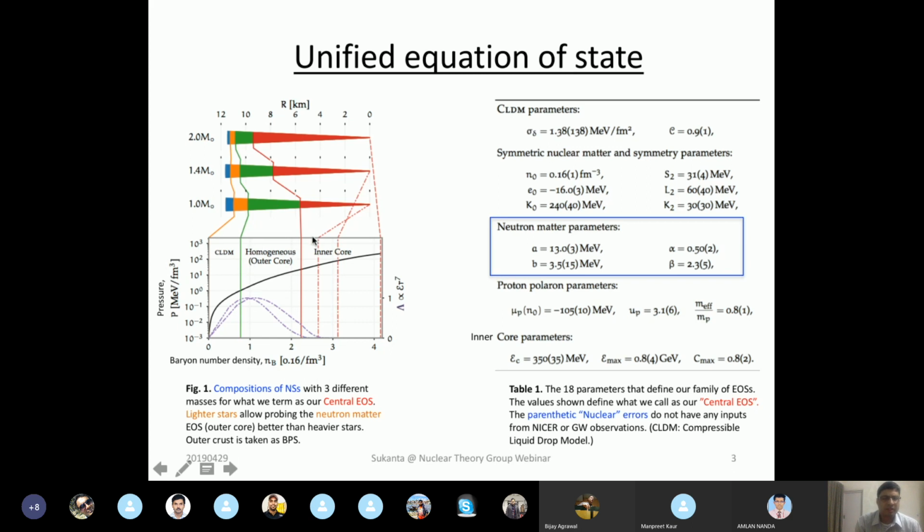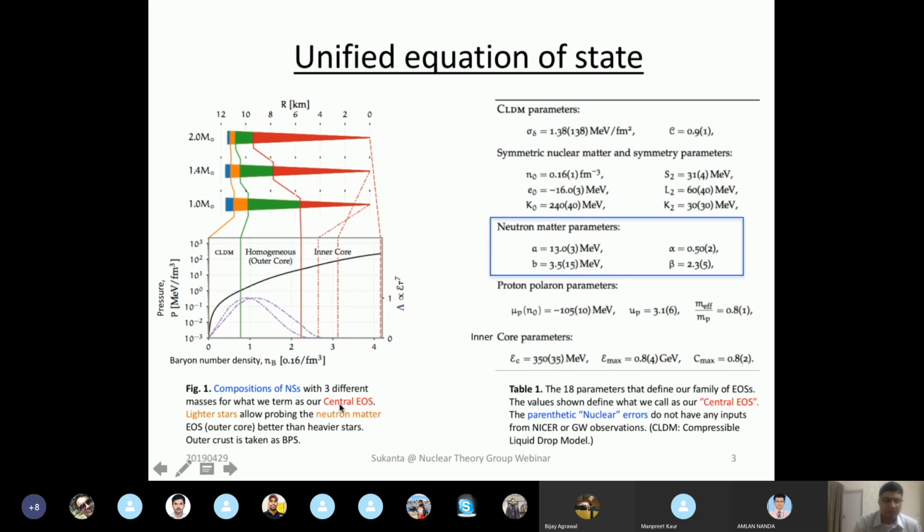And then further deep, we have the inner core, for which we use this speed of sound parametrization, something that I'm going to describe again in some more detail. So the compositions of neutron stars for 3 different masses are shown, in this case specifically for what we term the central equation of state.